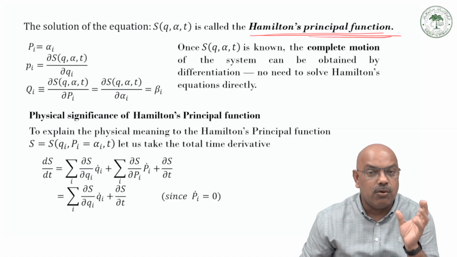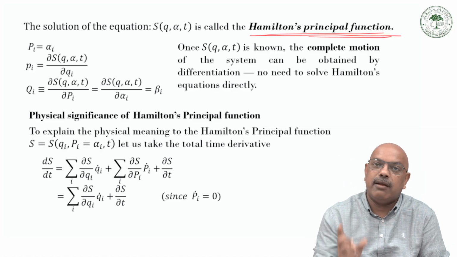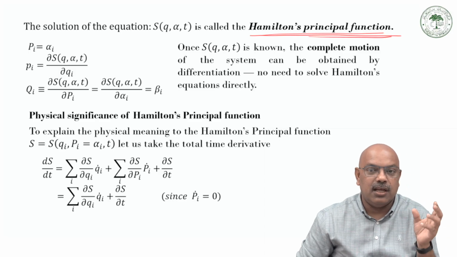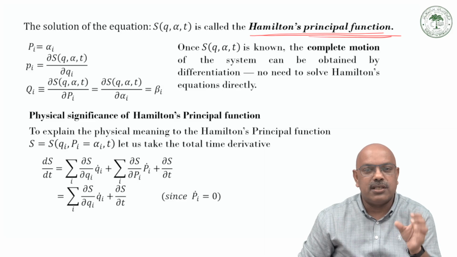So by solving this equation, you're going to get a function, the Hamilton principal function, and this function is known to contain the complete information of the motion of the system, which can be obtained by differentiation.